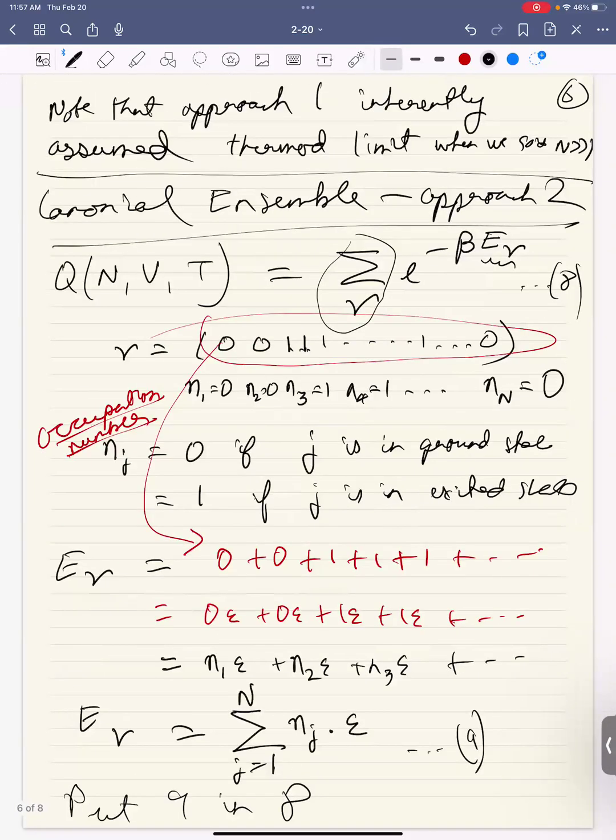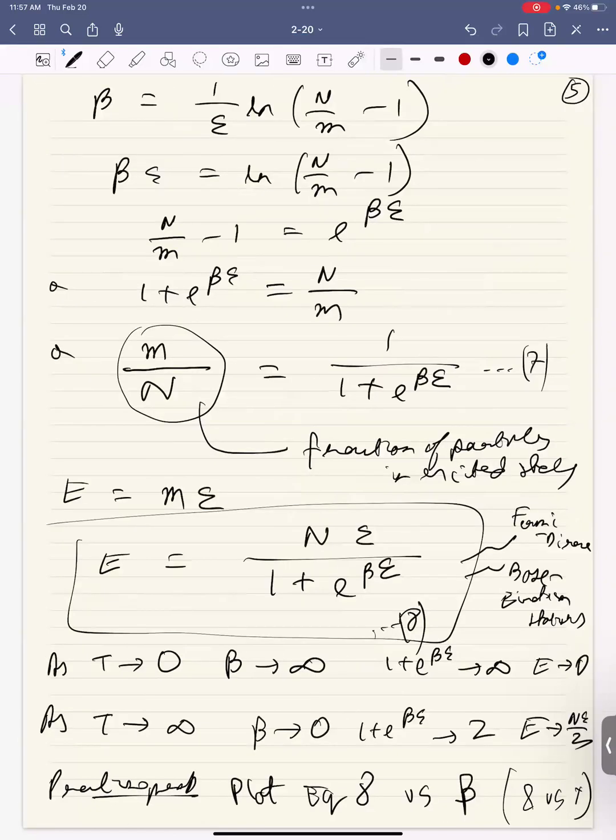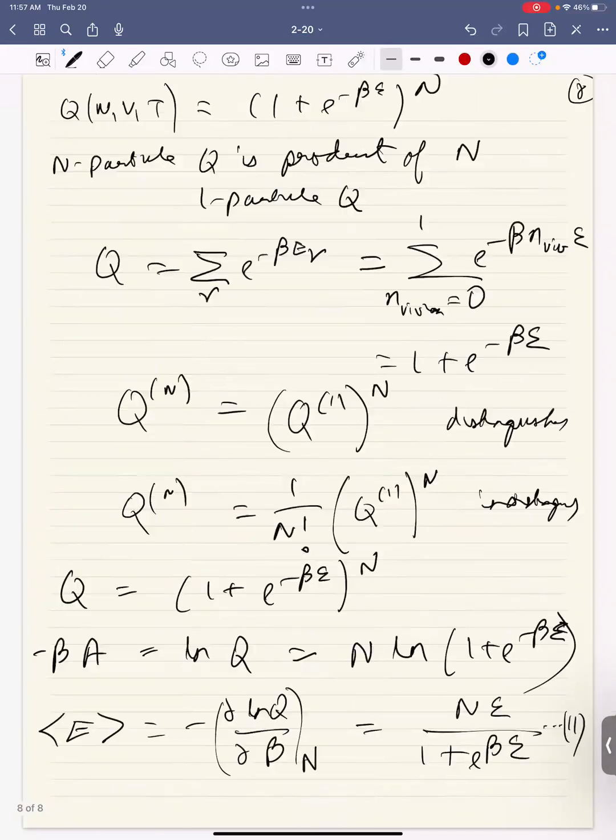Equation 11 is the same as equation 8. For microcanonical, we got energy is equal to n epsilon by 1 plus e to the power beta epsilon. And here we got average energy is equal to n epsilon by 1 plus e to the power beta epsilon.